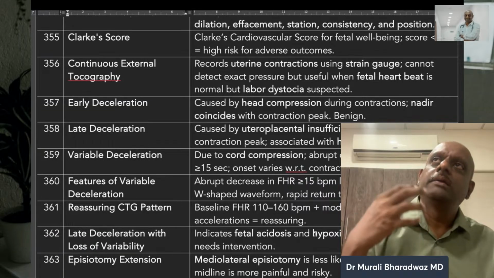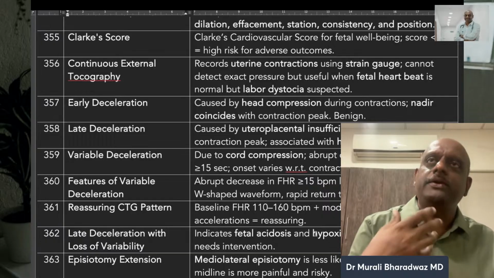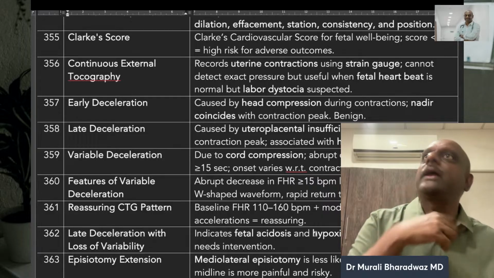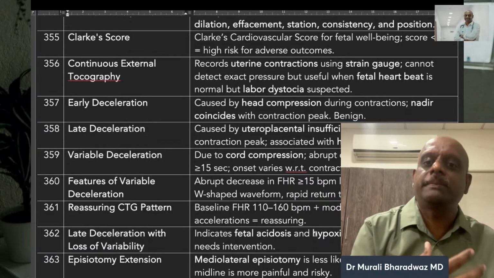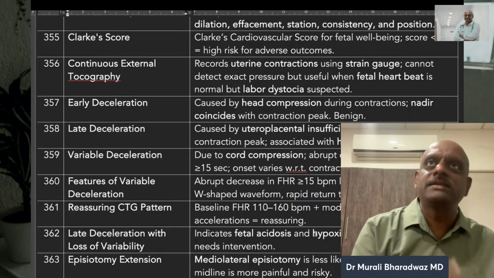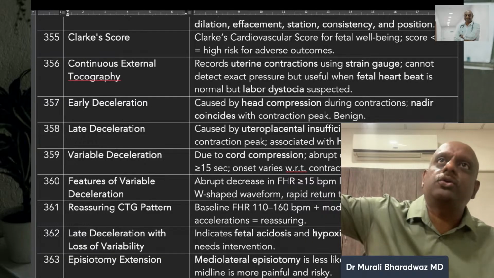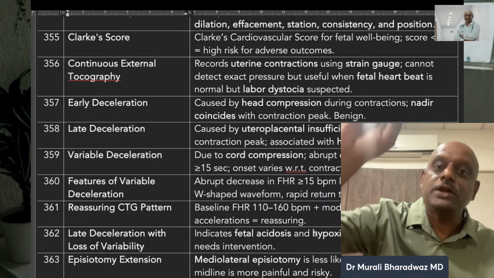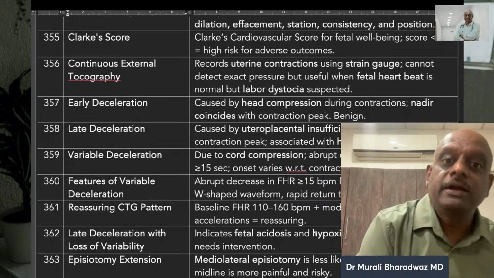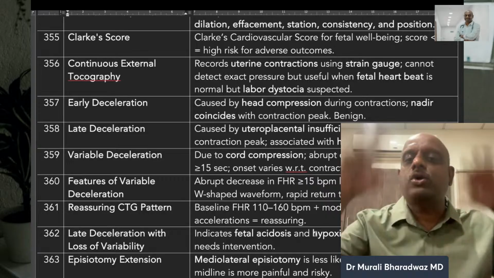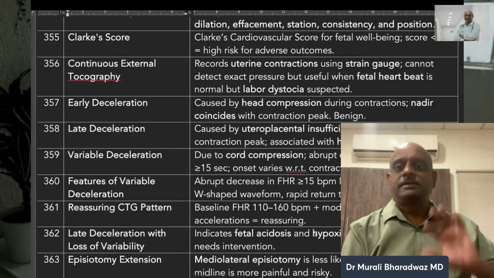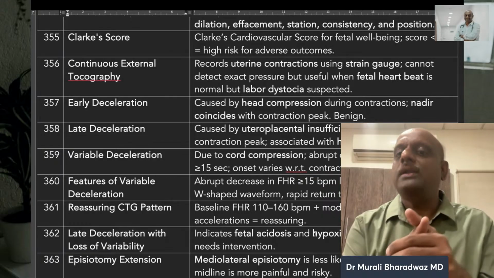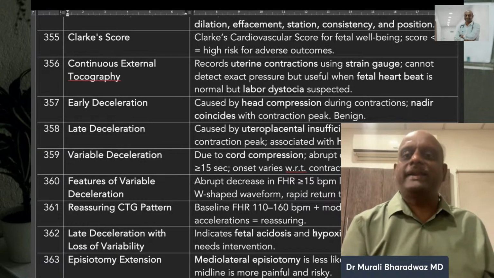Suppose the blood supply from the mother to the baby through the placenta and cord is reduced, that is uteroplacental insufficiency. For example, eclampsia, and in all these conditions, the uterine blood vessels become constricted. So there you get late deceleration. Variable deceleration indicates cord compression. Right? So for you to call it deceleration, what is the criteria?